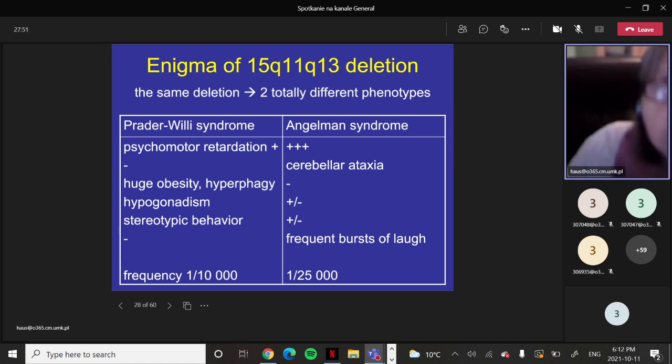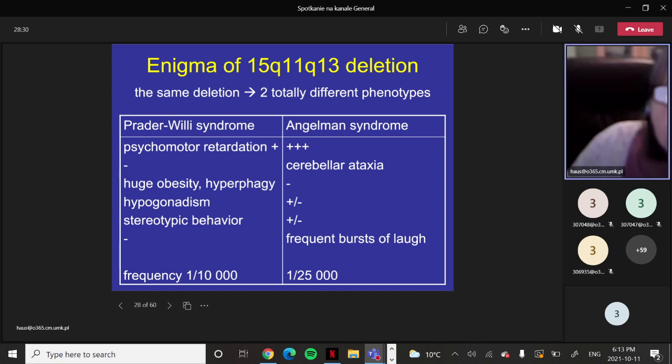For example, Prader-Willi syndrome, light psychomotor retardation. Yes. Angelman syndrome, very heavy mental retardation. In Prader-Willi, no ataxia. In Angelman, cerebellar ataxia. In Prader-Willi, huge obesity, hyperphagy, hypogonadism, stereotypic behavior.